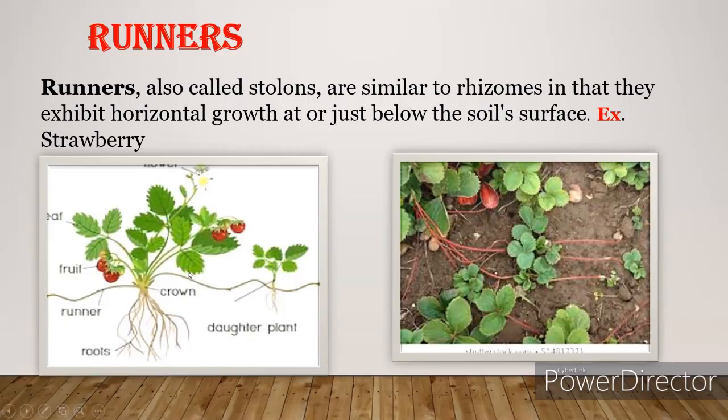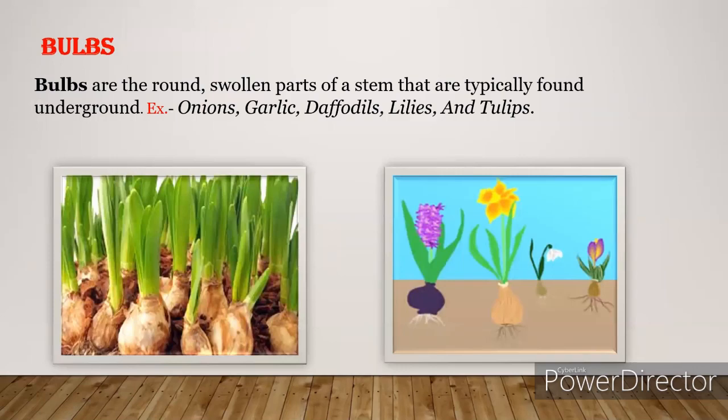The intervals between the nodes, the internodes, are more widely spaced in the runners than in the rhizome. The new plants arise at the nodes and their shoots develop. This type of propagation is seen in the strawberry. This is the example of the runners, strawberry. Then the next one is the bulb.